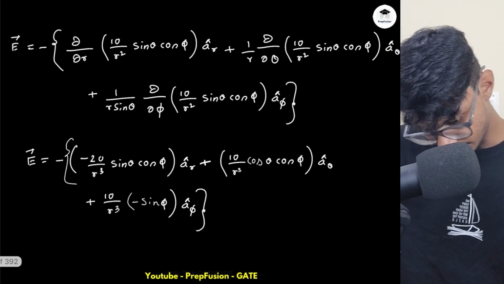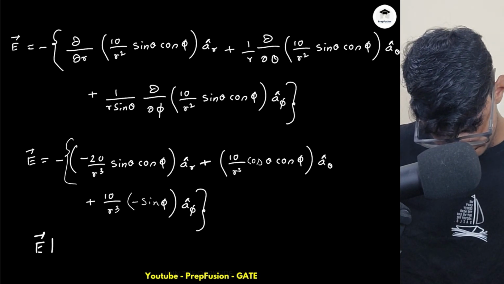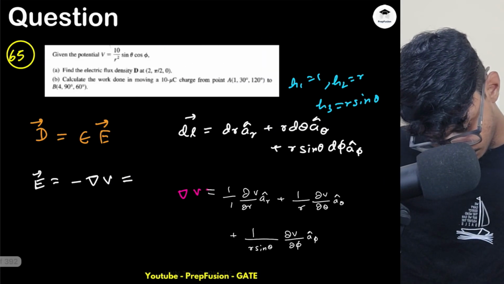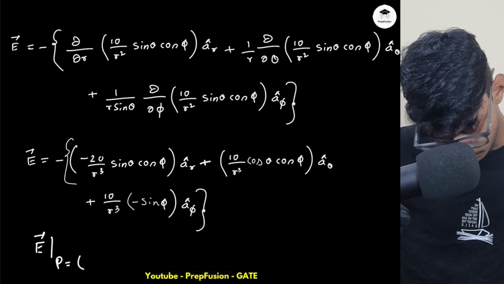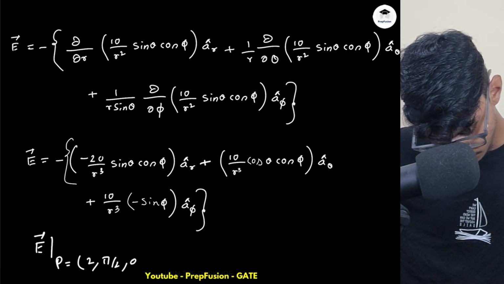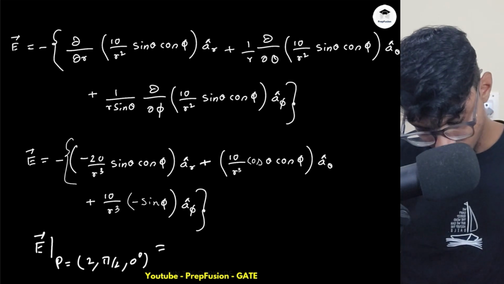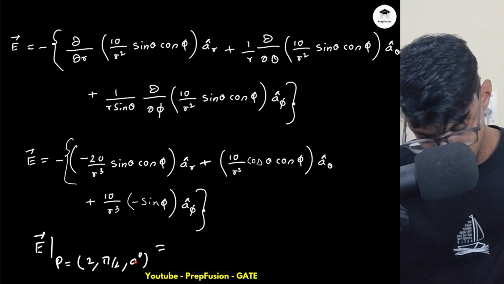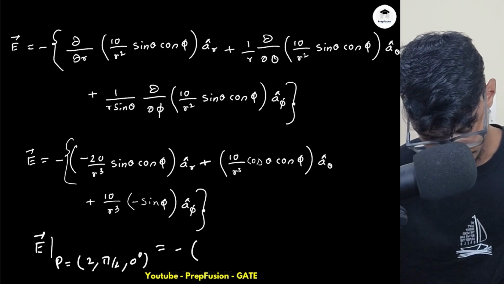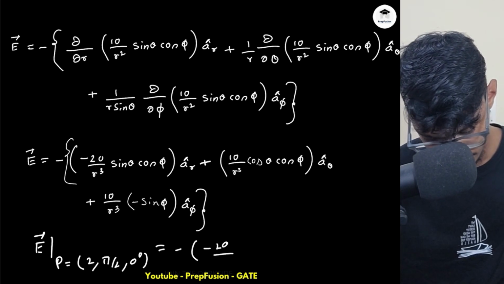Electric field at point P. What is the point P? P is 2 comma pi by 2 comma 0, so 0 degrees. So pi by 2 is 90, so this will become minus, minus 20 by, and this is 2, right?